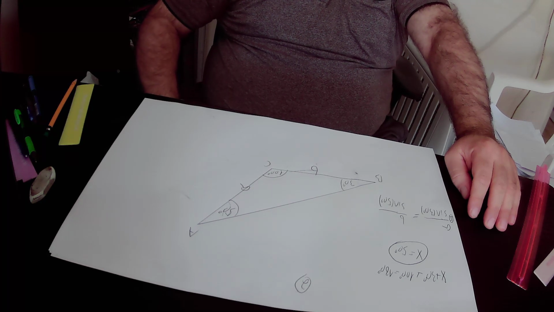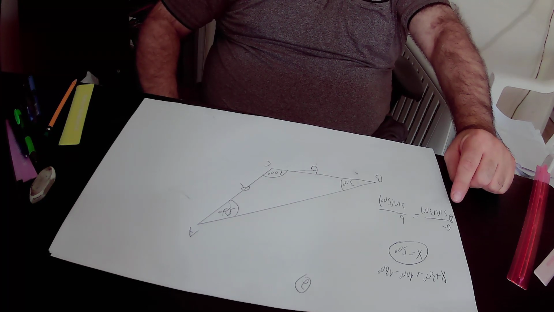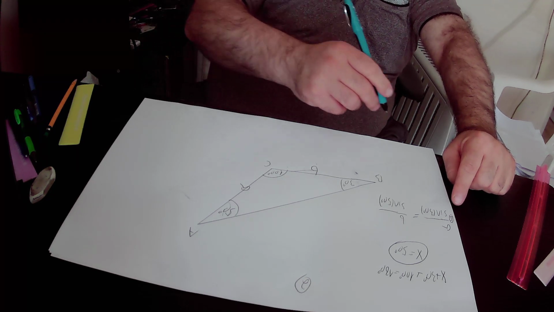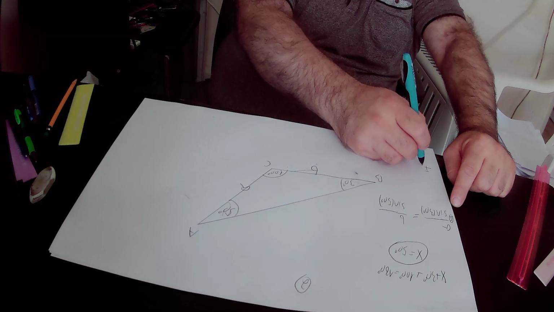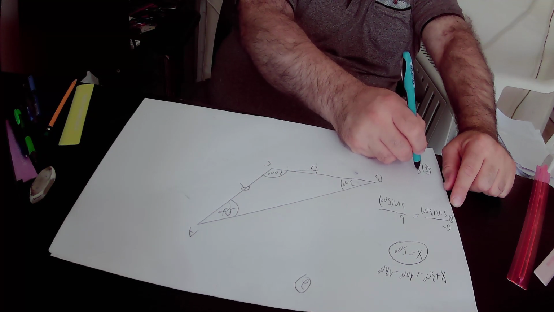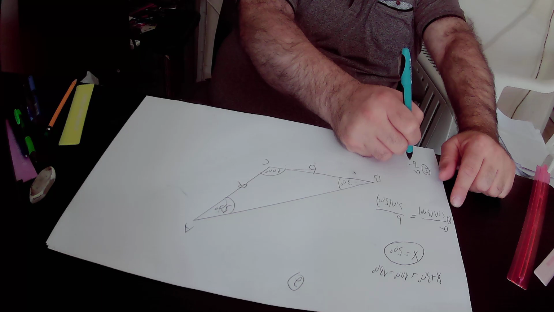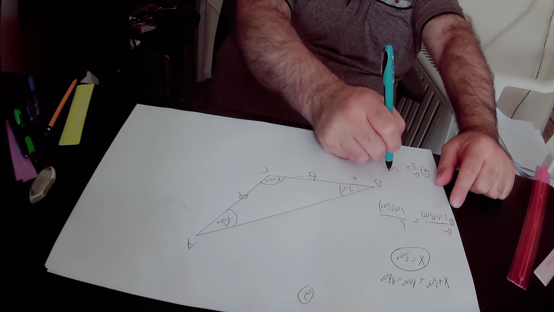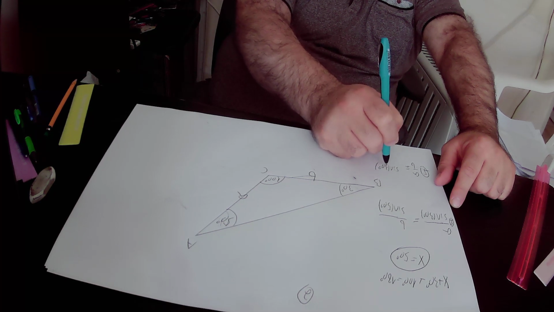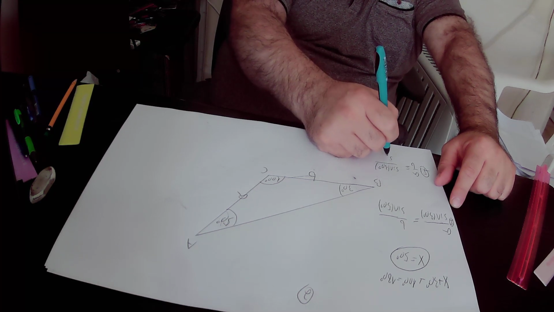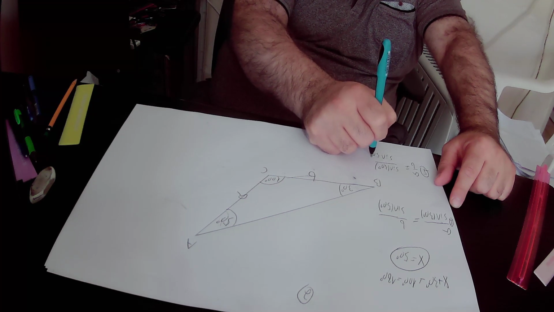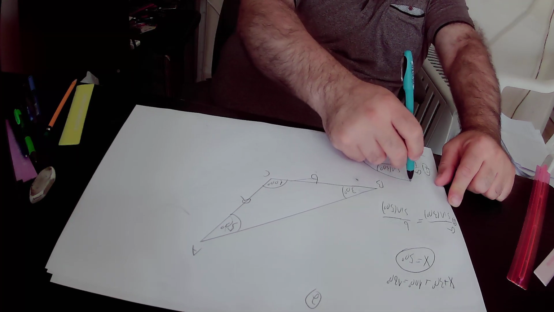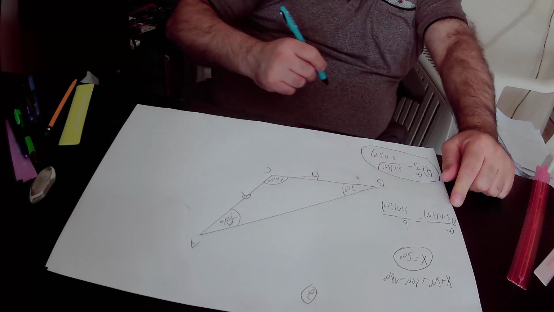So here we will divide equation number 1 by B, and then multiply it by sine 30 degrees, and we will get that according to equation number 1, A over B equals sine 30 degrees over sine 50 degrees.